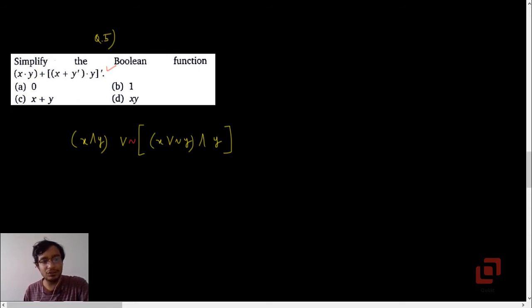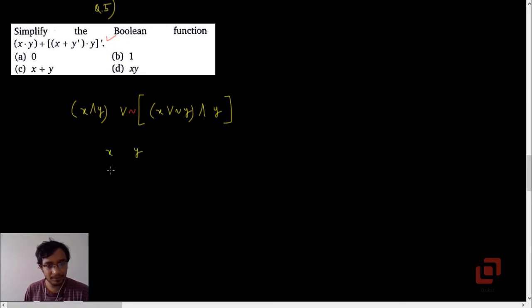One way to solve this problem is to prepare the truth table and find out what that truth column is, whether it includes all F's, all T's, or whether it is a truth column matching that of x or y, or matching x and y. The second one would be to make use of the laws of logic. So let us try the truth table method and see what we get.